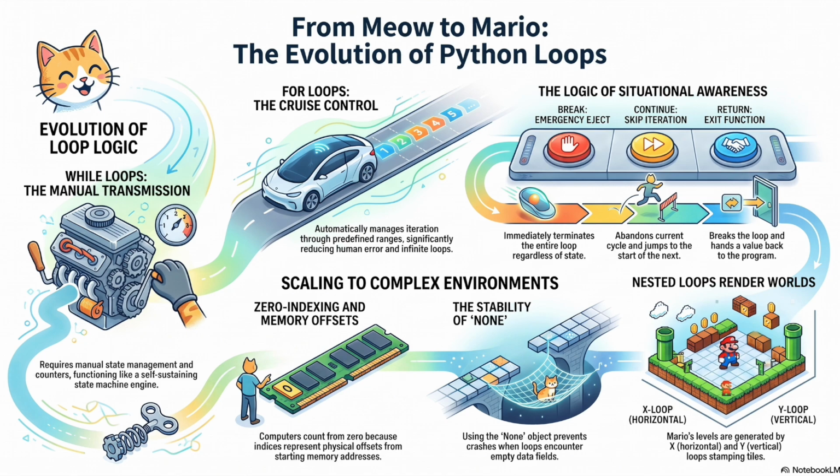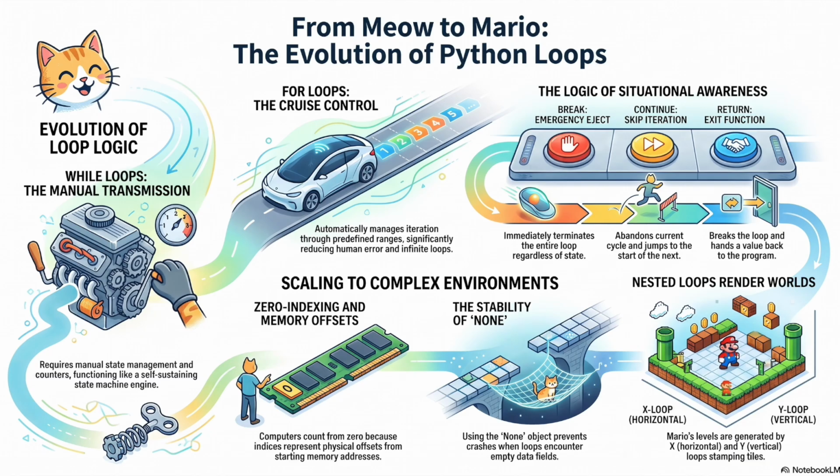Yes. The entire playable landscape is generated on the fly by rapid, overlapping loops, evaluating simple true or false conditions against an underlying grid of data. It really is mind-bending when you pull back and look at the whole picture. We started this dive looking at a flowchart that simply checked if a counter was greater than 0, and if so, printed the word meow.